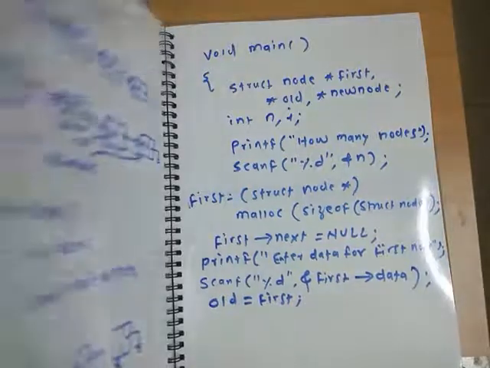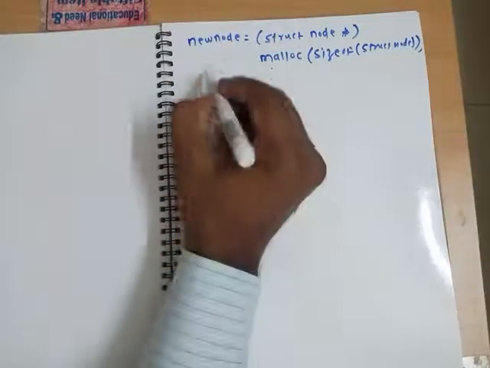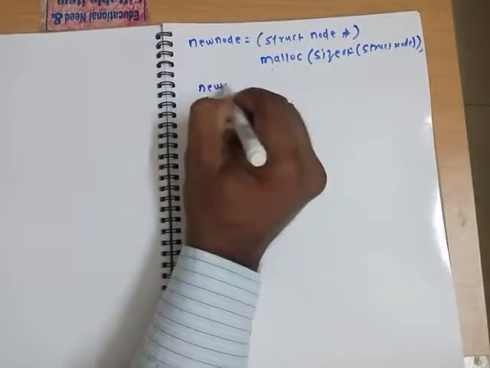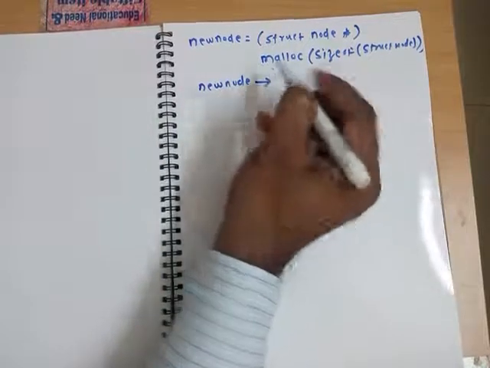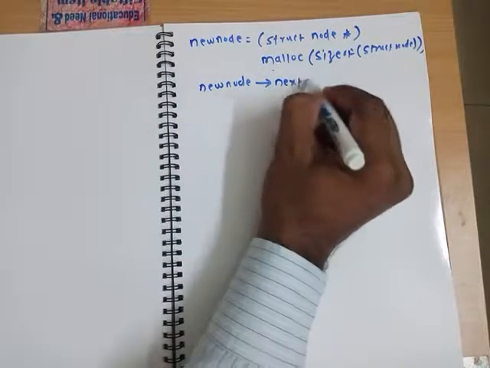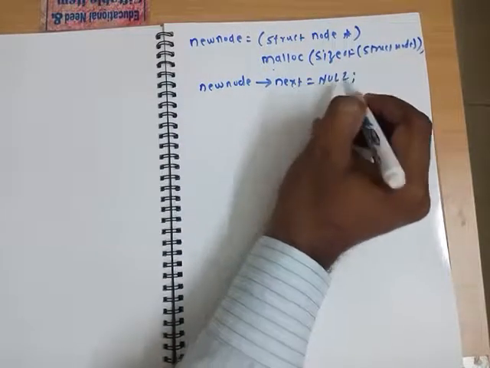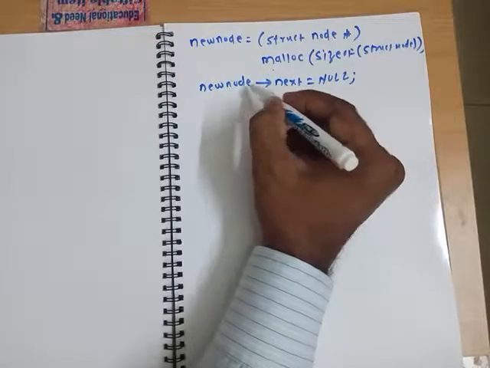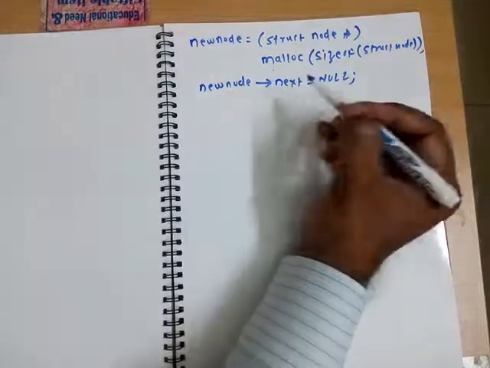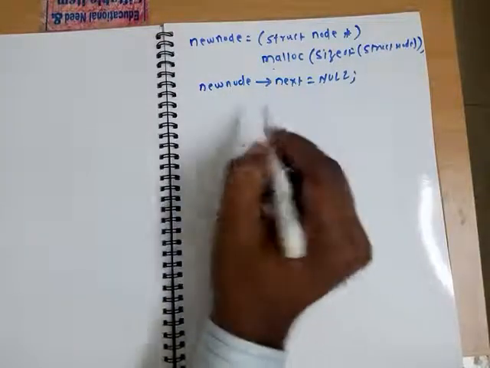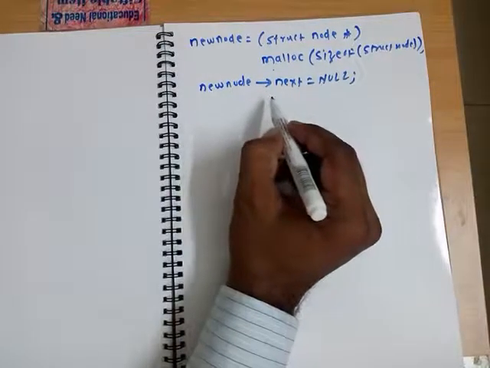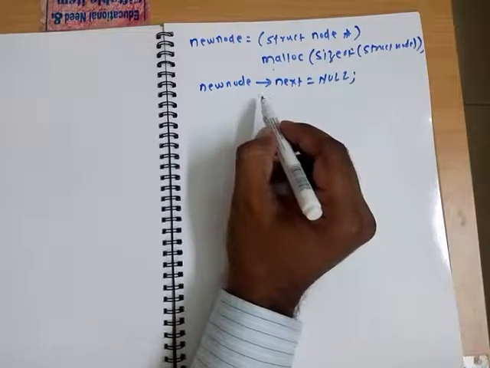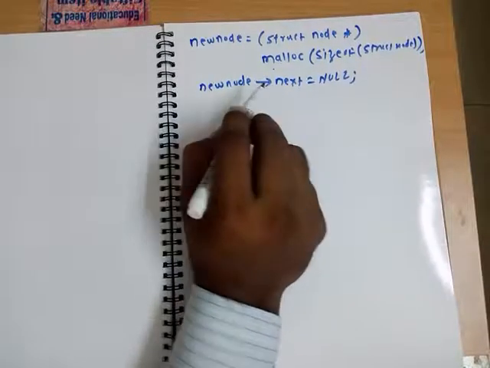Okay. So now again we have to set the next of this new node to null, right, and read the data here. So we'll say new node arrow next is equal to null. The arrow operator we use to access the fields of the structure pointed to by a pointer, right? So with this, the next field of this new node will be set to null, and now we'll ask the user to enter the data for this new node.